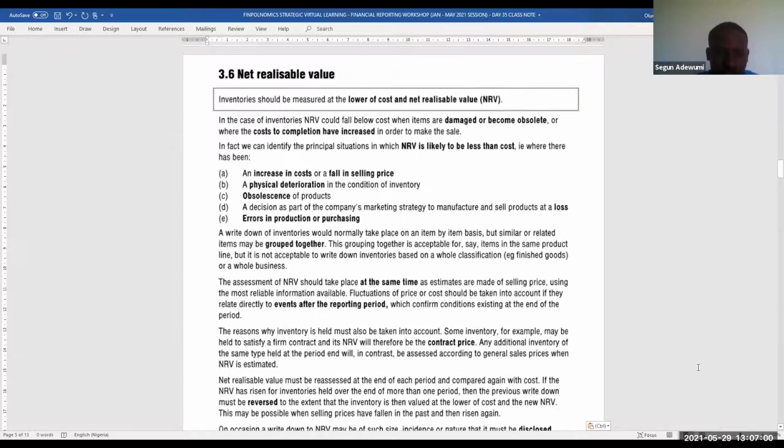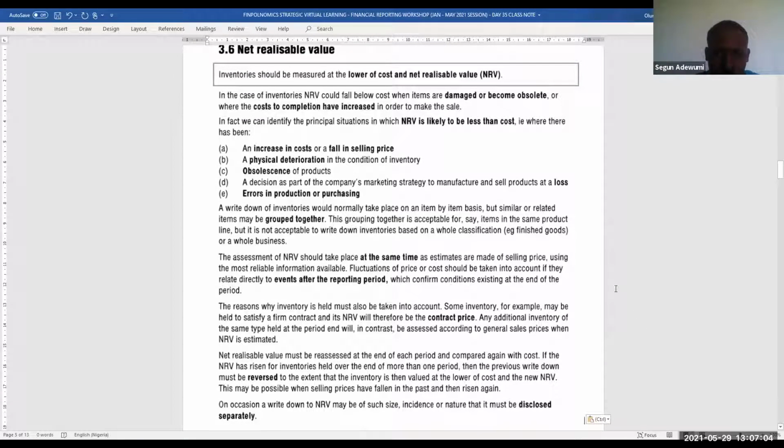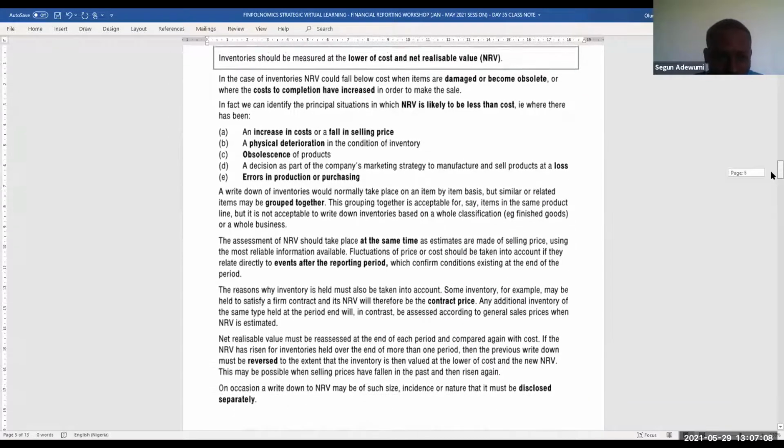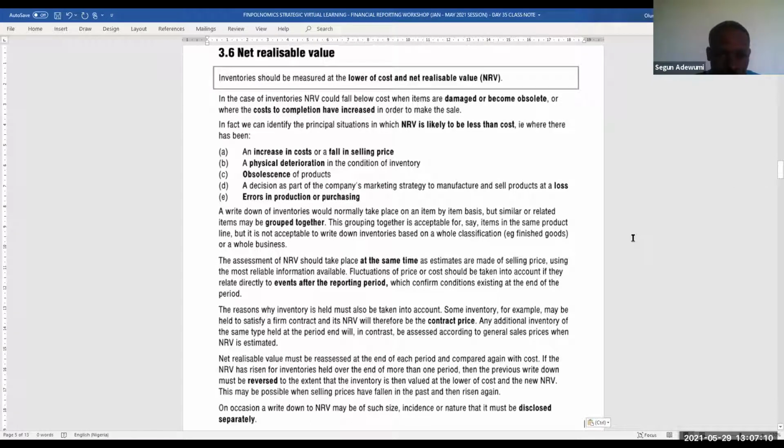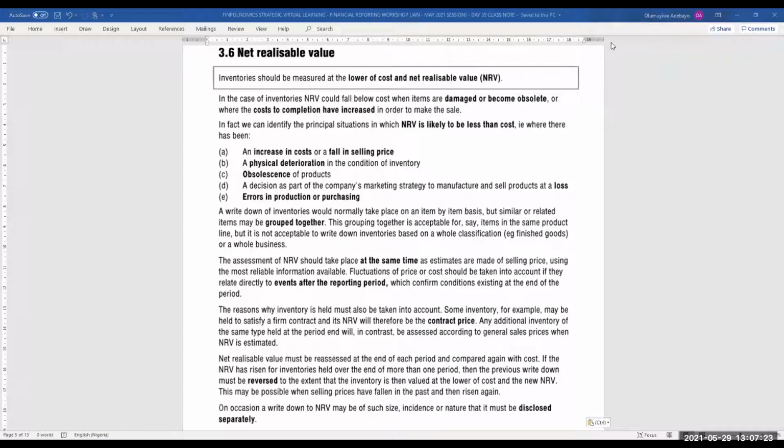Net realizable value. Inventories should be measured at the lower of cost and net realizable value, NRV. In the case of inventories, NRV could fall below cost when items are damaged or become obsolete, or where the costs to completion have increased in order to make the sale.